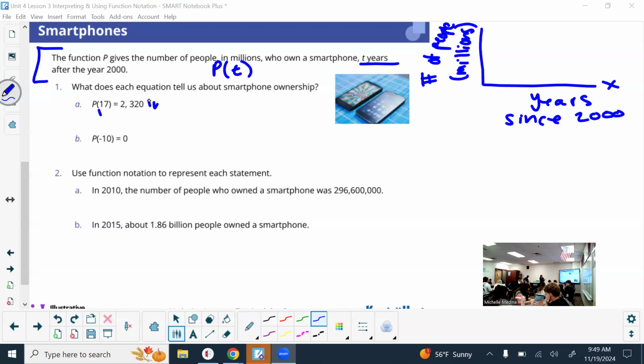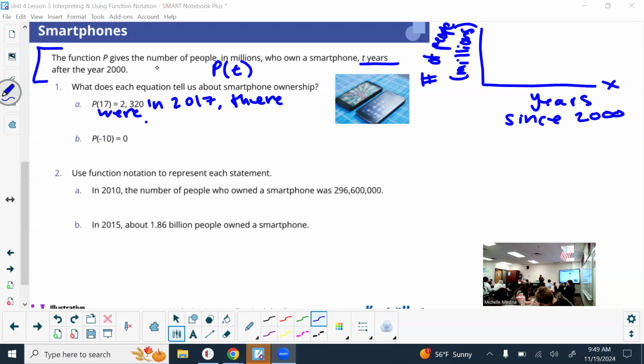So your sentence, kind of in this format, you would say in 2017, there were, would you guys say 2,320 people? Anyone else disagree with that? Does that sound accurate that in 2017, only about 2,000 people had smartphones?